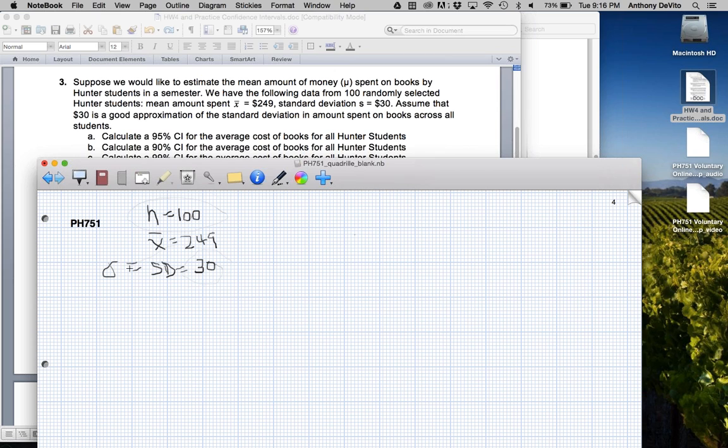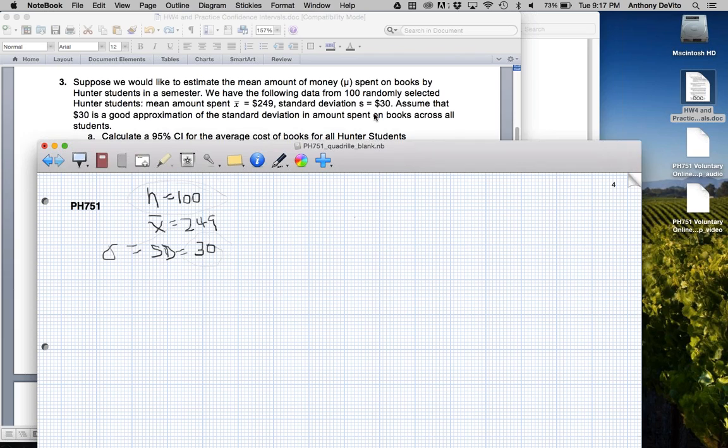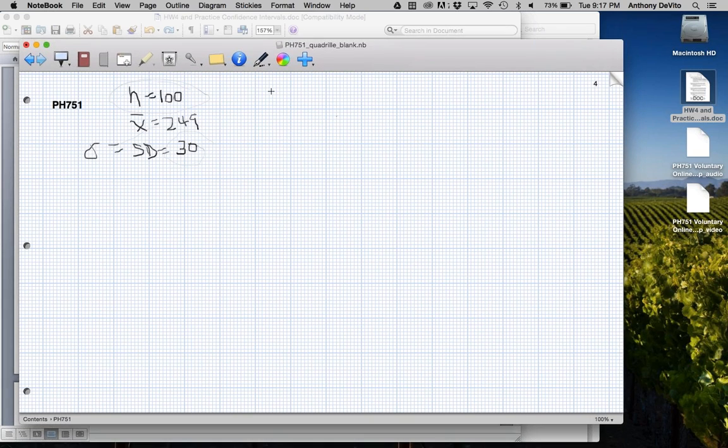We might say, let's make the assumption that we accurately estimated the standard deviation and that we know sigma, so that we can use the z-score instead of having to use the t-table. Just like before, if we want a 95% confidence interval, we would estimate that by saying x bar plus or minus the z-score for 0.05, 1.96, times the standard error.